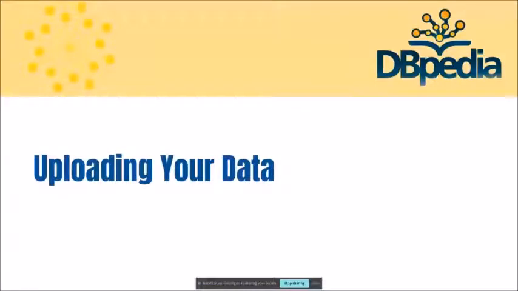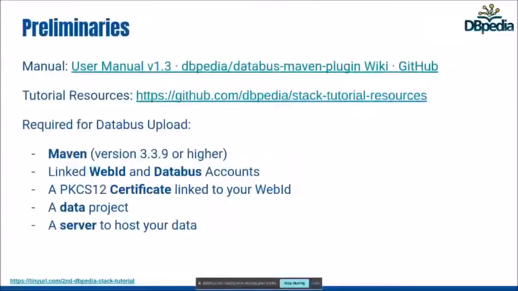All right, so let's go ahead and have a look at how you can upload data to the databus, or more precisely, generate metadata and upload that to the databus. There are a few preliminaries. There's a manual available, and the link is in the slides, which we shared, so you can go over the slides.